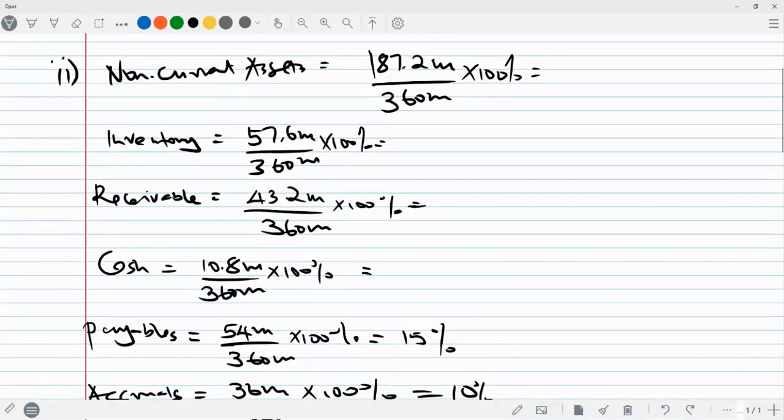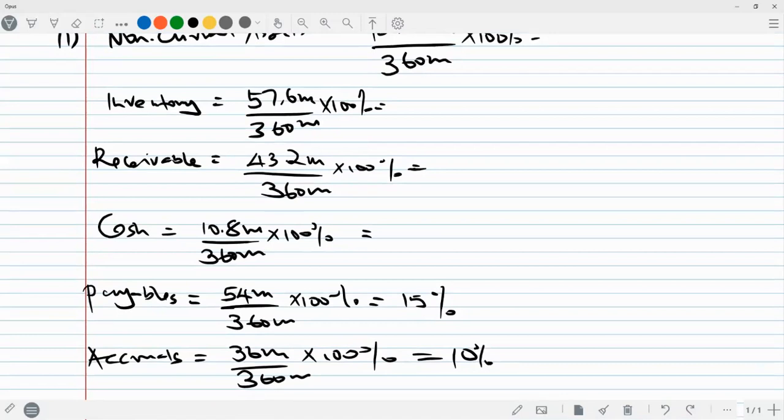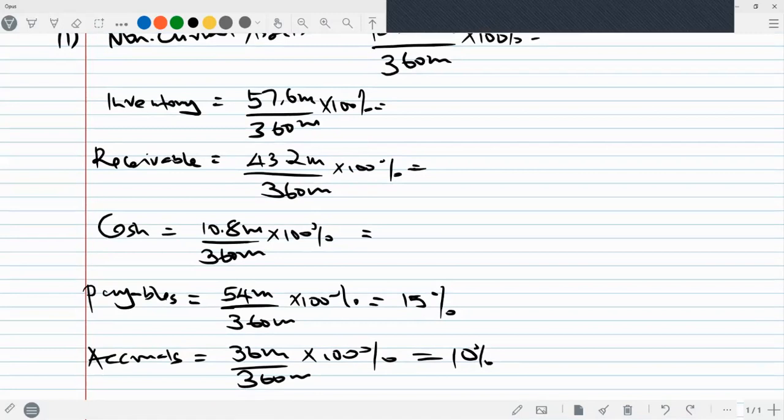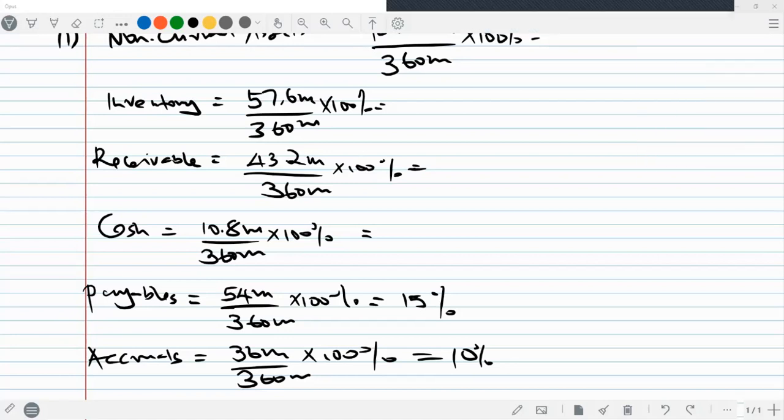What about the others? Sorry, for cash, 3%.